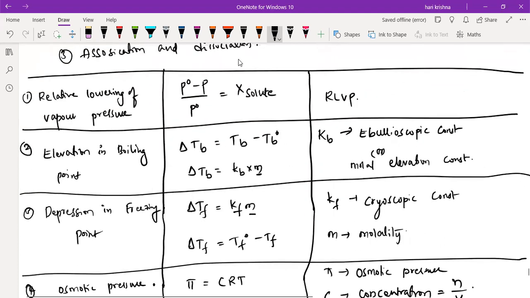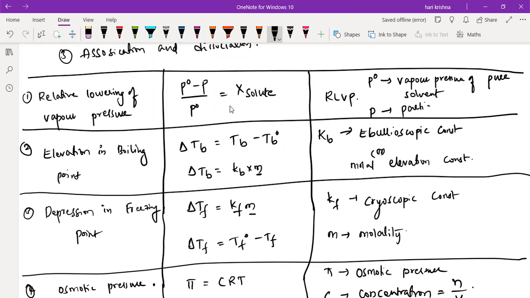The first one, what is the formula? RLVP, what is the formula? What is the P naught component here? Vapor pressure of pure solvent. P is the partial pressure of solution.